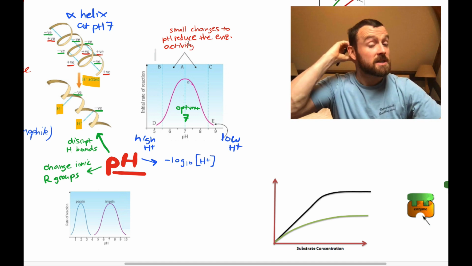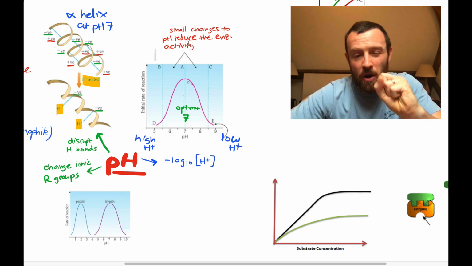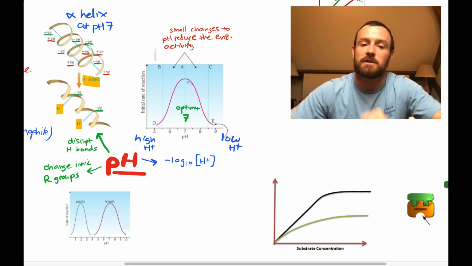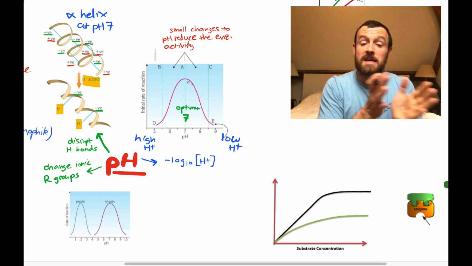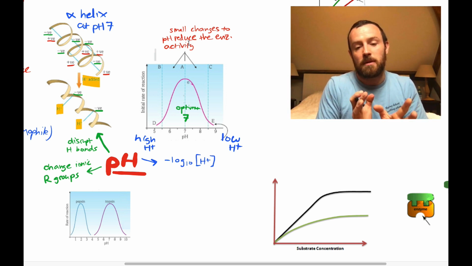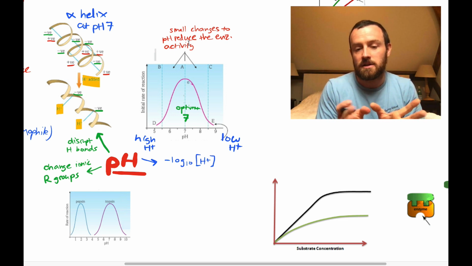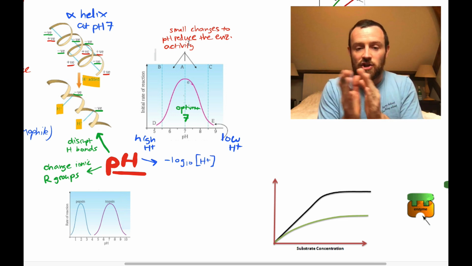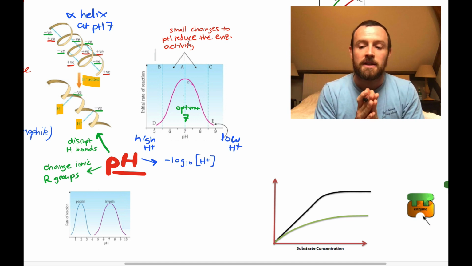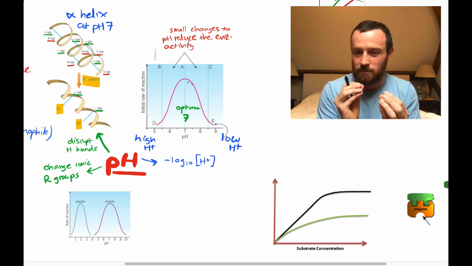That's because the active site is no longer perfectly the right shape. It's kind of close, but not perfectly the right shape. For small changes either side, if we then return the pH back to the optimum, there will be no long-term effect. So it's only a very temporary shifting away from the perfect shape. You wouldn't really use the term denaturing, but it's a temporary change in the enzyme shape.